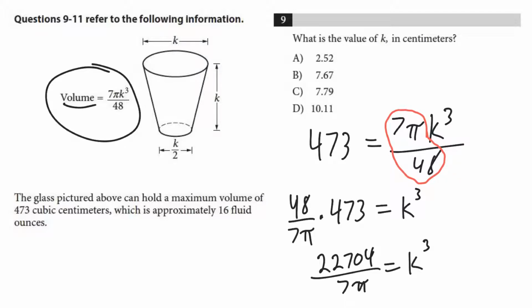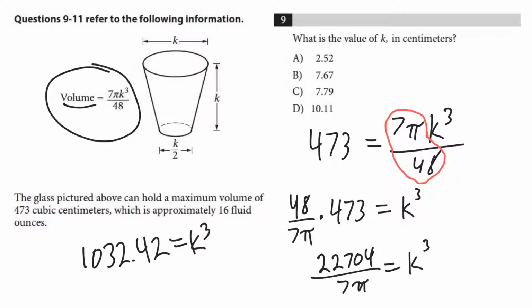Okay, so then I'm going to divide by 7 pi. Got to use parentheses, okay? And I get that 1032.42 equals K cubed. Alright, well, I just need to take the cube root of both sides.